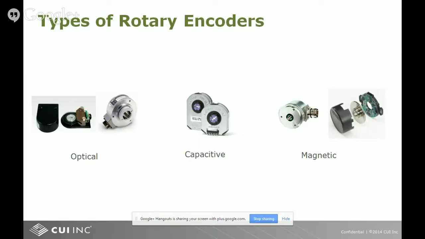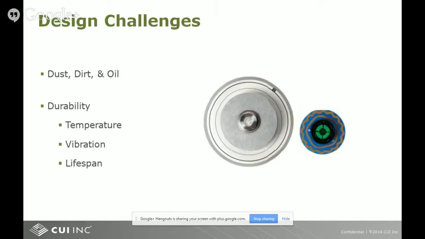Then you've got a magnetic that works on the same principles, but the disc has individual magnetic elements in it. And then we've got capacitive, which we'll talk about a little bit later. But these are the three main types of encoders out there on the market. There are some other outliers, but these are really what dominates the market.